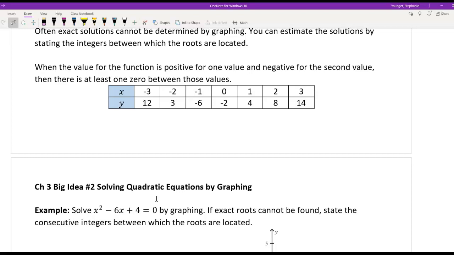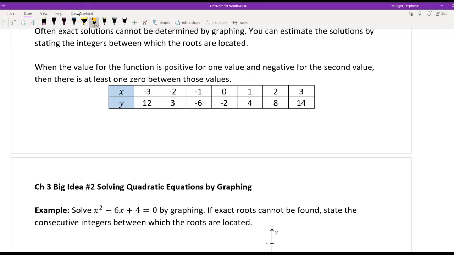Often, those exact solutions cannot be determined by graphing. We are pretty lucky. But you can actually estimate by stating the integers between which the roots are located. So basically, you take a look at this table of values. When your y values switch from positive to negative or negative to positive, that means you have a 0.